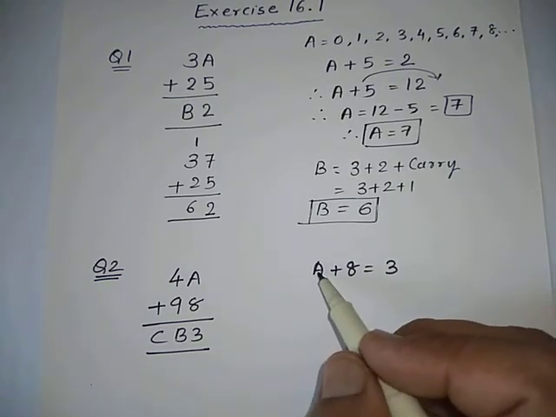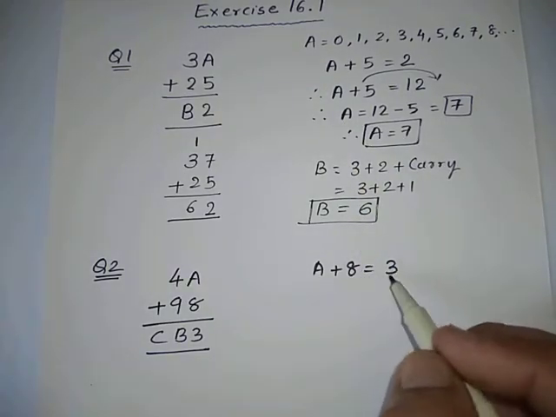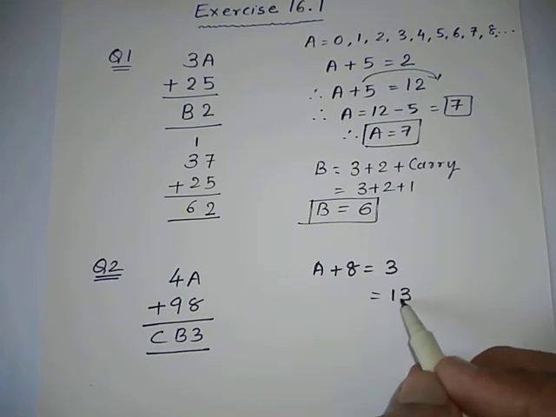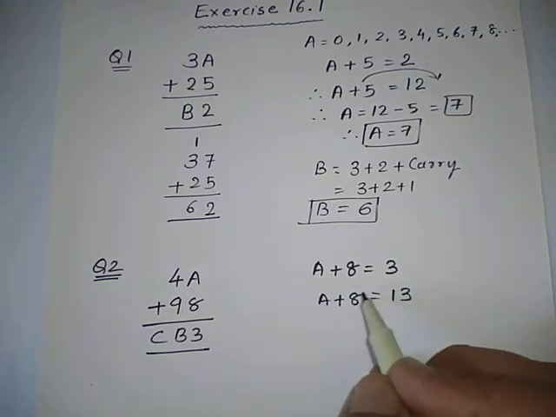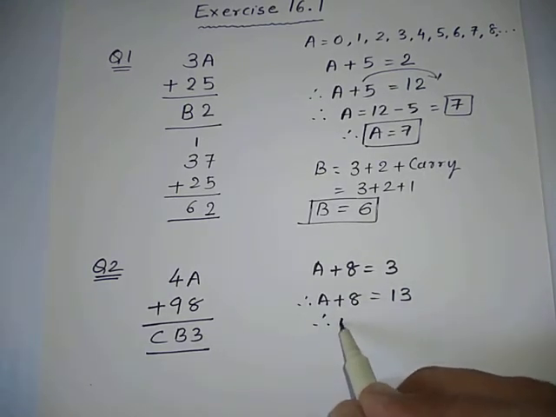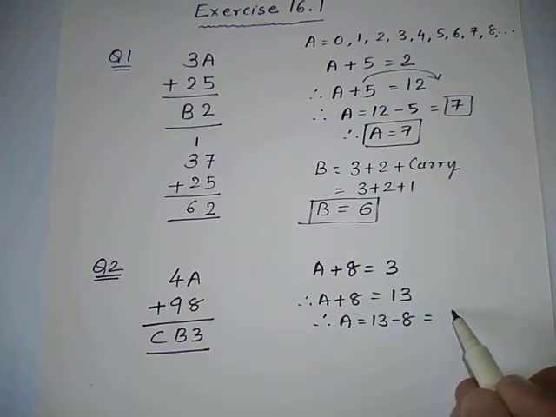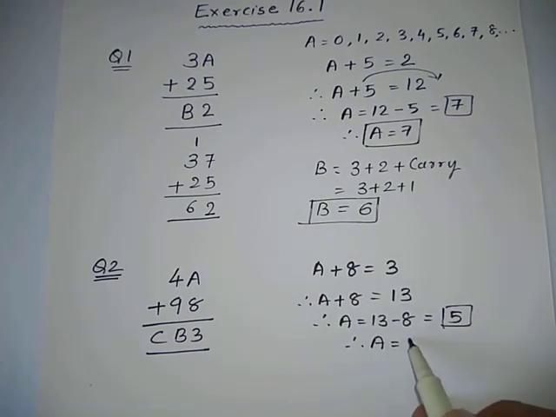Again if I take A as 0, then 0 plus 8 it will be 8, which is more than 3. So I will take such a number having unit place 3 next, that is a 2-digit number, and it is 13. So A plus 8 is equal to 13. Therefore A is equal to 13 minus 8 and the value will be 5. Therefore A is equal to 5.